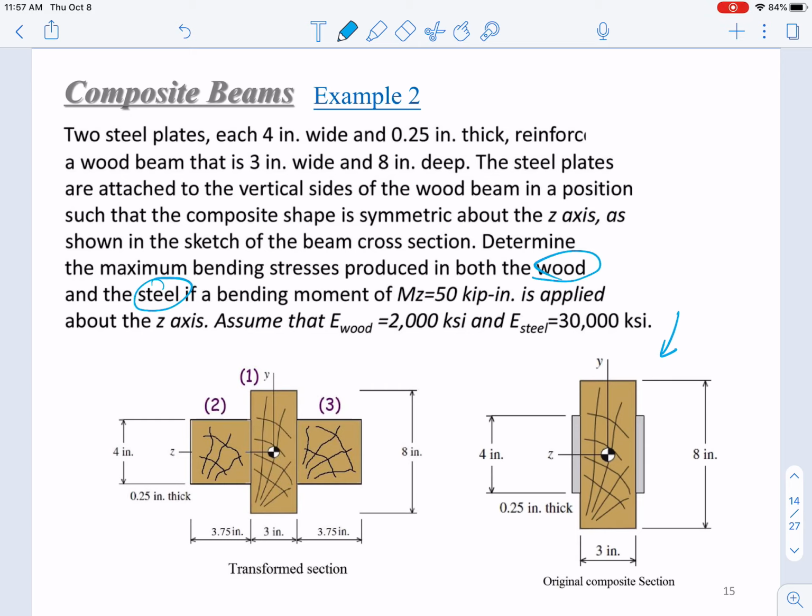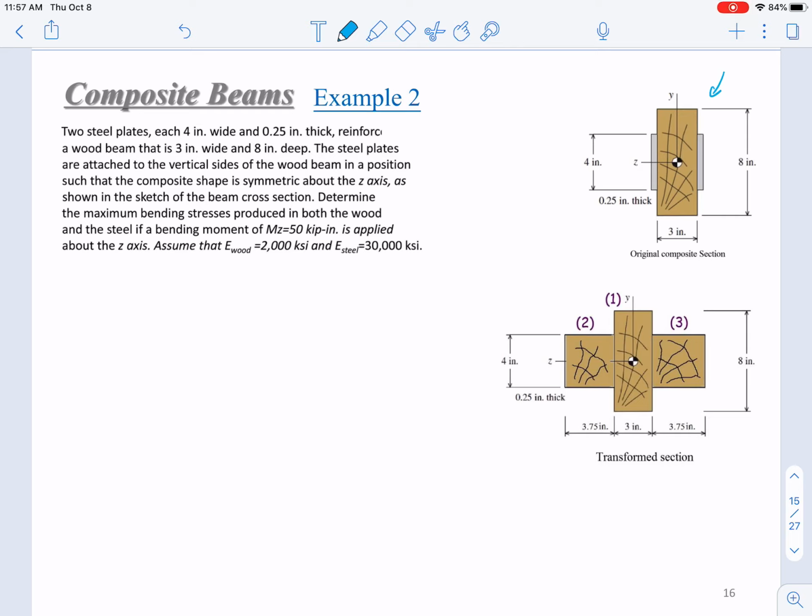Here we start from the original configuration. Then we need to transform them into the same material. Of course, we have two choices: we can convert steel into wood or wood into steel. Let's see what will happen if we convert steel into wood.